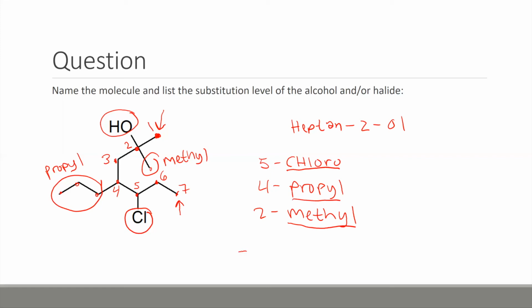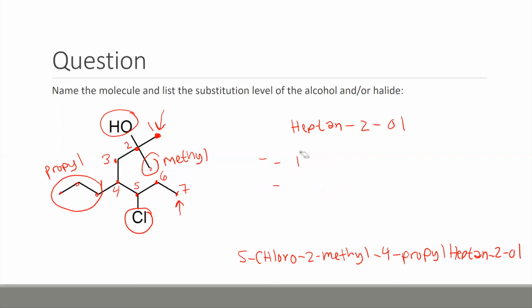This will be 5-chloro, 2-methyl, 4-propylheptan-2-ol. Whew, mouthful. Okay, so here is the full name of the structure again. Now let's determine the substitution level.